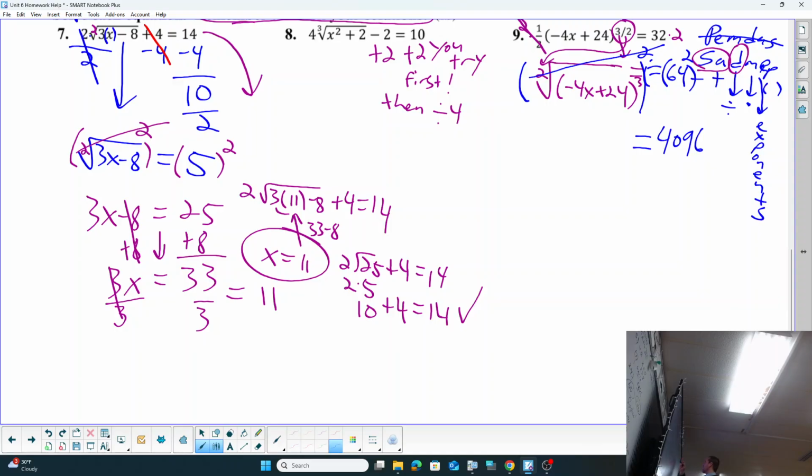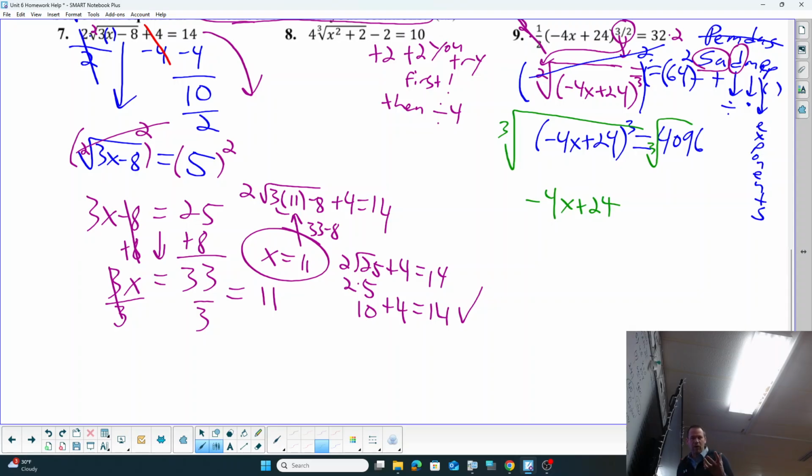And then that gets rid of the radicals, so we're left with the negative 4x plus 24 to the third power. So now we want to cube root, boom. I want to cube root both sides. So that'll give us the negative 4x plus 24, because by cube rooting both sides, you get rid of the power 3.